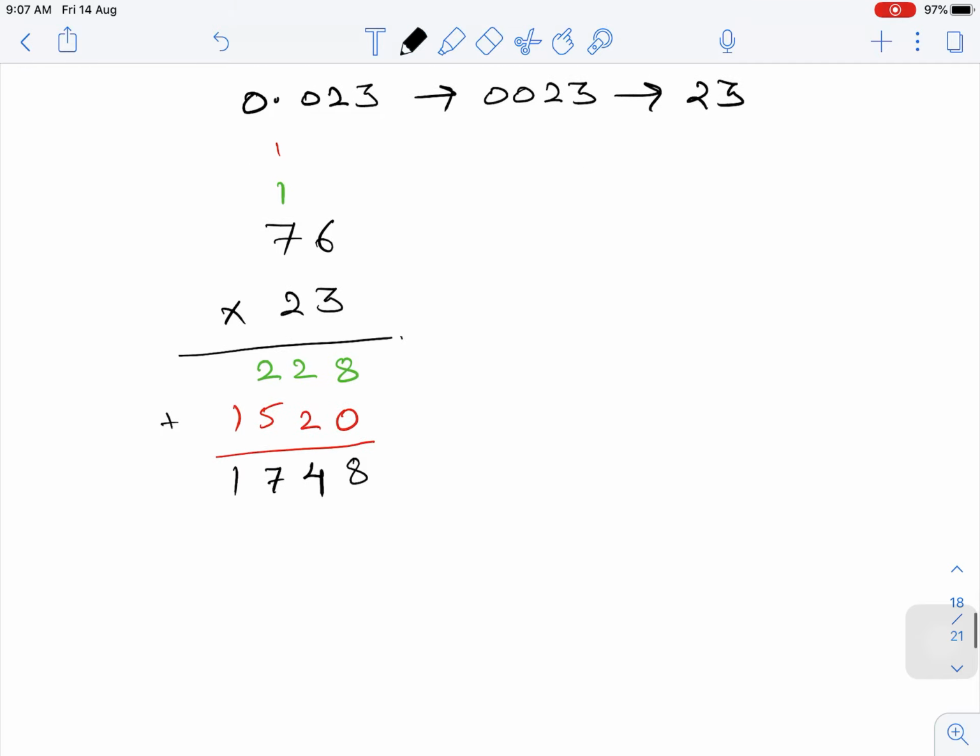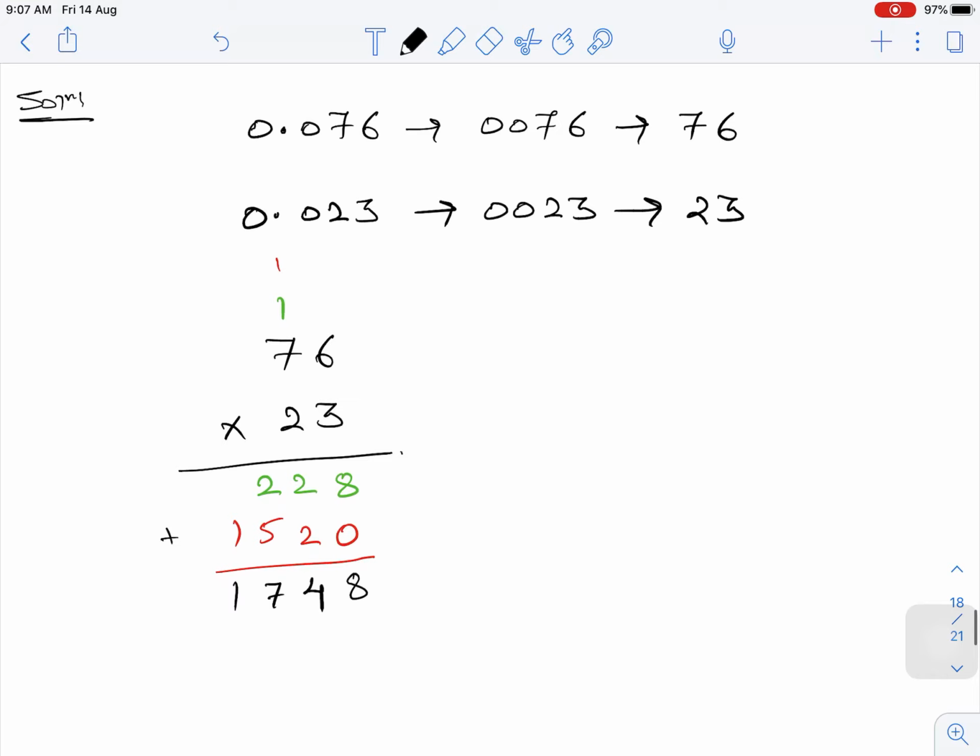Now we can write here: therefore 76 into 23 equals how much? 1748. Now what were the real actual numbers? 0.076 into 0.023.